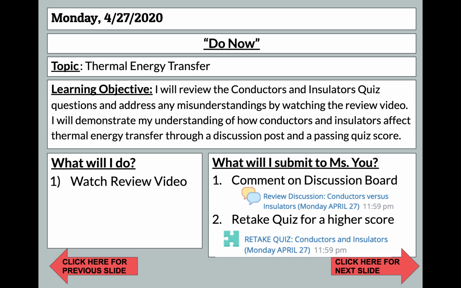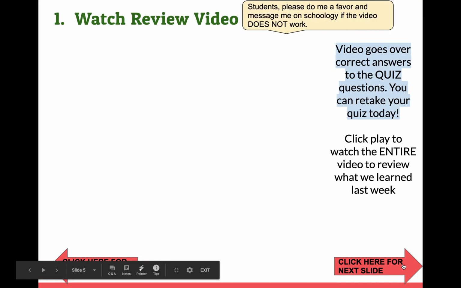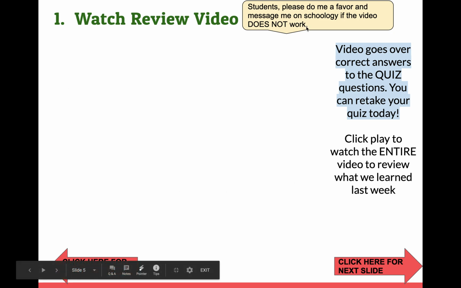All you need to do is watch the entire video that you're watching right now, because I say a password in the video. Then you'll turn in a comment on the discussion board, and if you need to retake the quiz for a higher score, you get to do that today. This is the video you're watching. It'll be posted right here if you still need to see it later on.